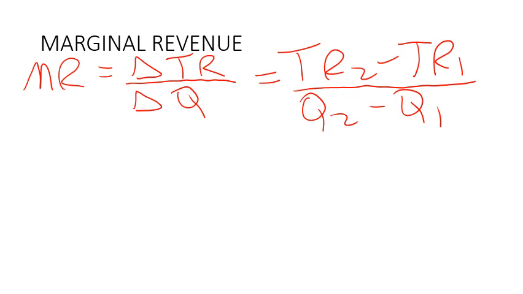So what marginal revenue measures is the following. If our company produces and sells an extra unit and it derives extra total revenue, then marginal revenue is the measurement of that extra added revenue from the last unit sold.